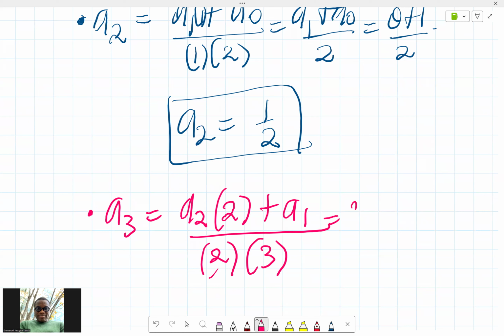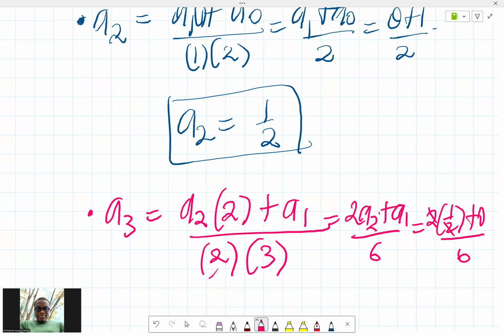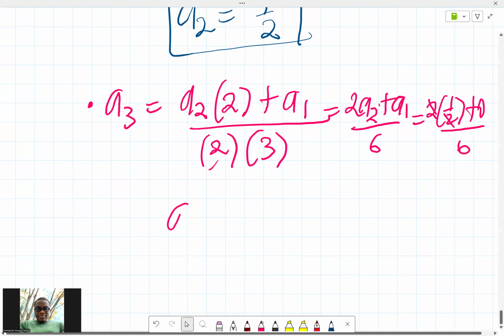And then we have (2a2 plus a1) all over 6. We know a2 is half, and a1 we know to be 0, all over 6. So 2 cancels 2. So a3 is simply 1 over 6.